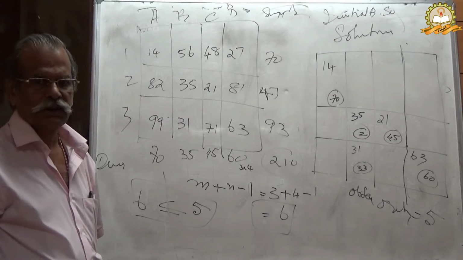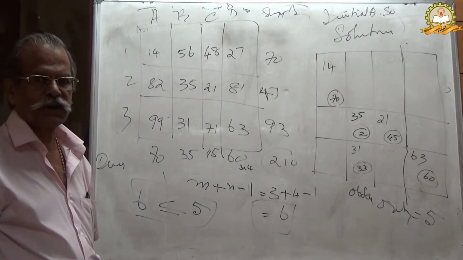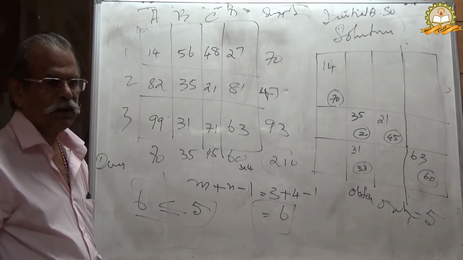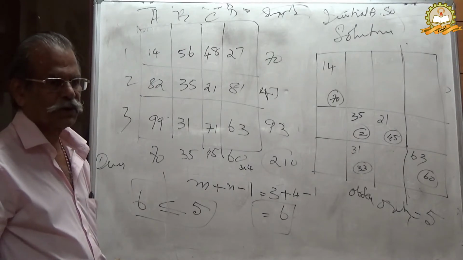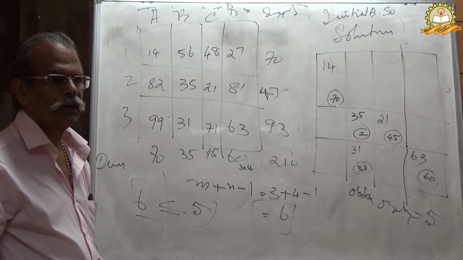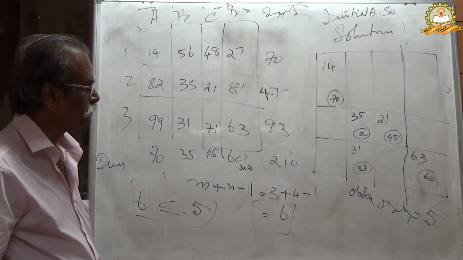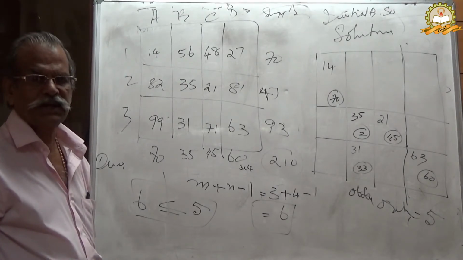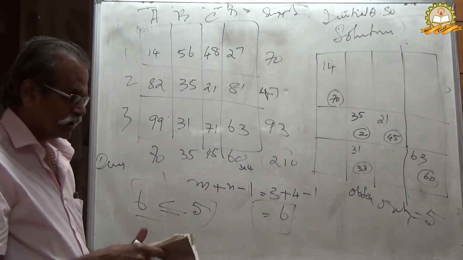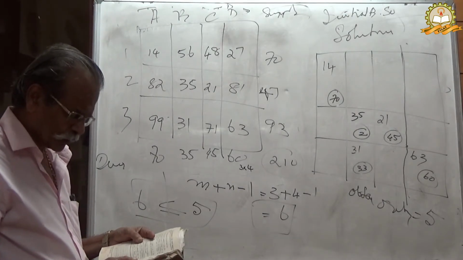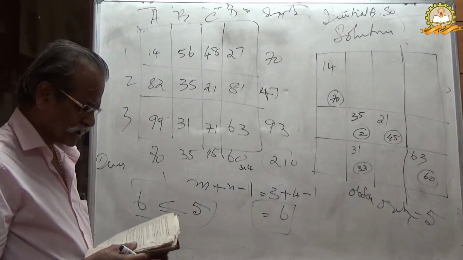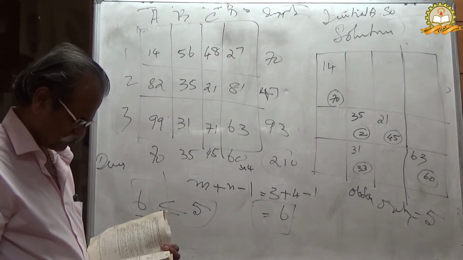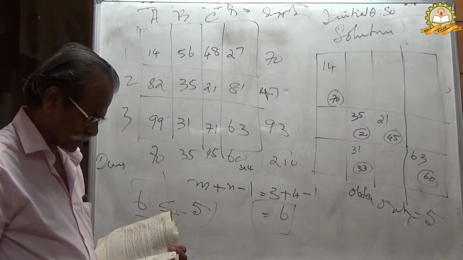That means m plus n minus 1 is not equal to the obtainable allocation, 6. Therefore, this is a degeneracy transportation problem.